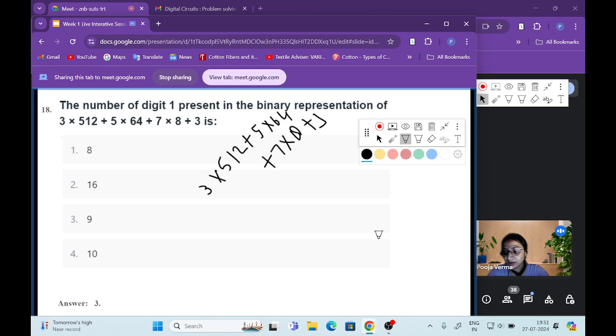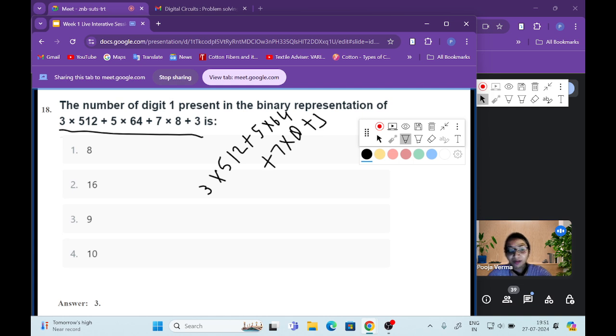Can anyone tell me? What we need to do is first multiply all these numbers and get the decimal number, then find its binary equivalent in order to get how many ones are present in this representation.